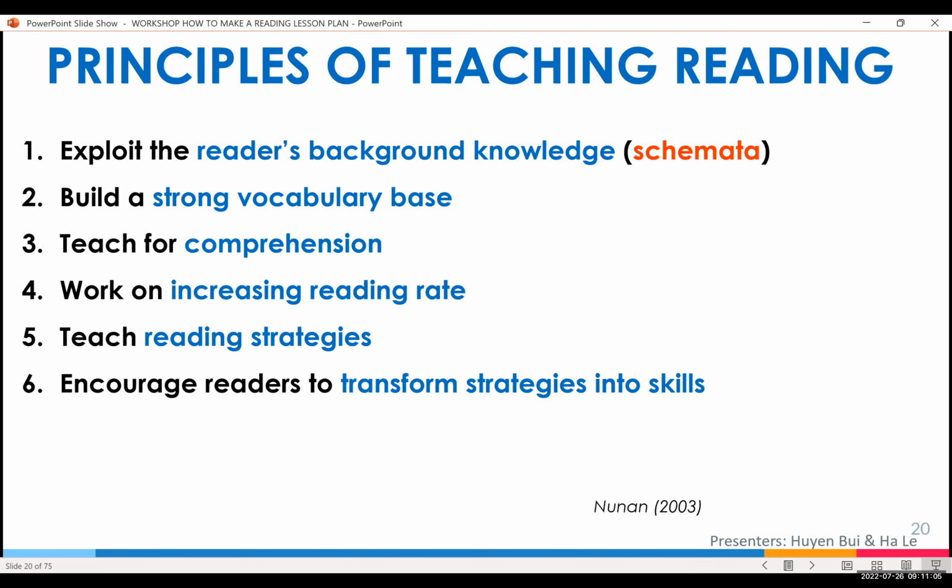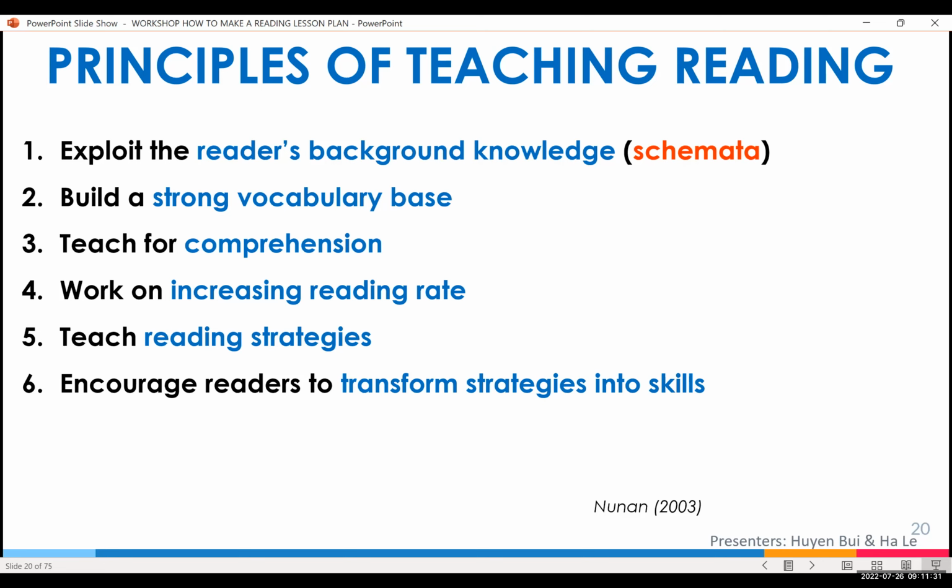We have to encourage our students to transform strategies into skills. What's the difference between strategies and skills? Strategies are the way that students apply to do a reading test. But when it moves to skills, it means that they do not need to think anymore.